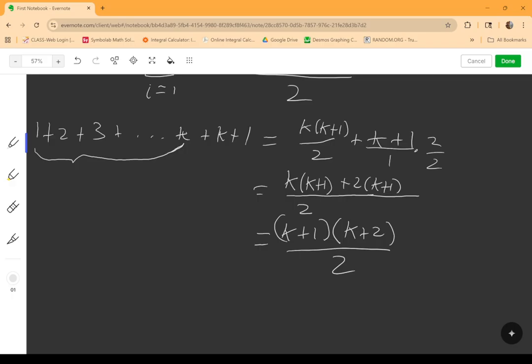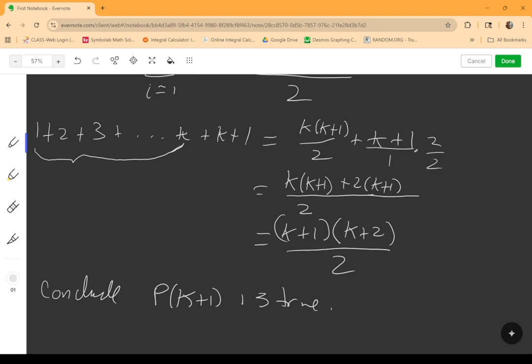Now let's wrap it up. Here comes my conclusion. Once we move from here, we conclude P of k plus 1 is true.